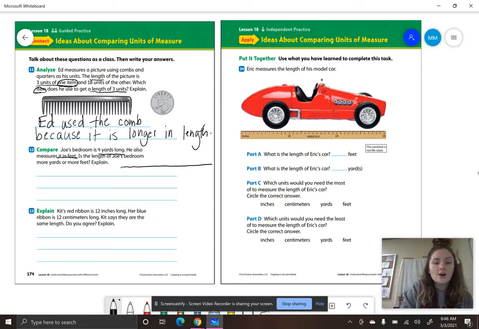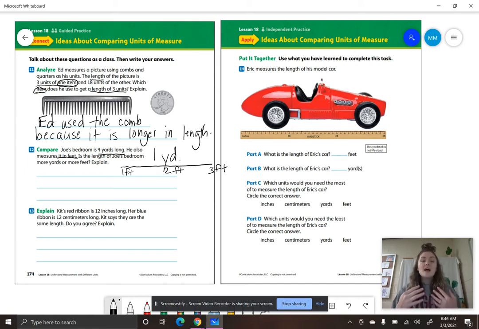So 1 yard is the same as 1, 2, 3 feet. So 1 foot, 2 feet, 3 feet, and this is 1 yard.